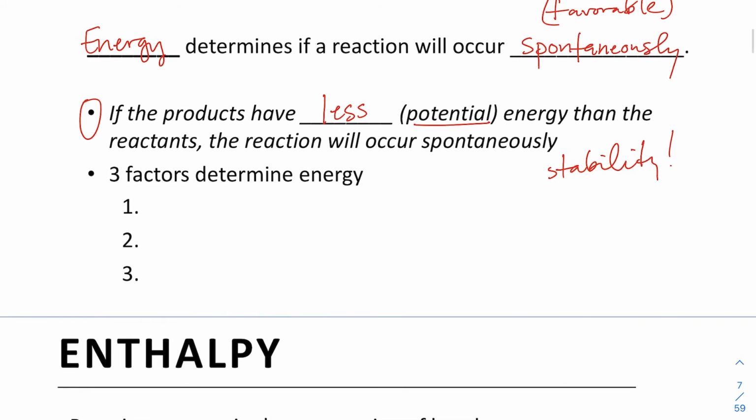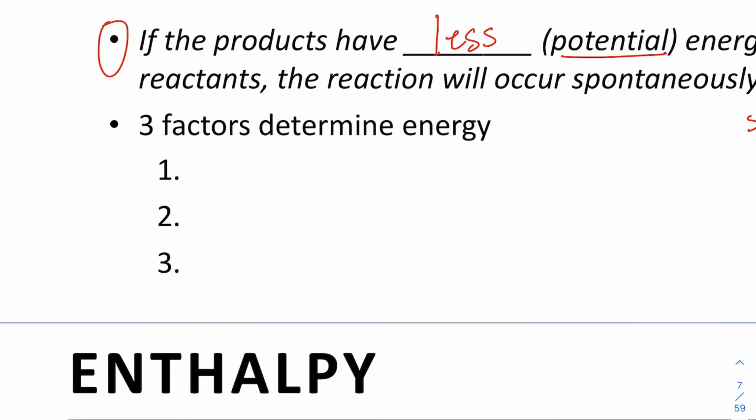Now, before we jump into some of the details, there are 3 factors overall that determine energy in a reaction, and if that reaction is going to be spontaneous or not. So the first factor is enthalpy. And then the second factor is entropy.